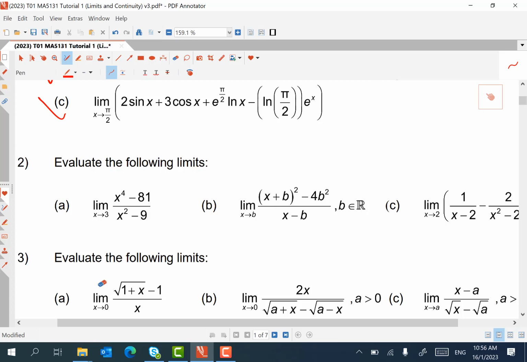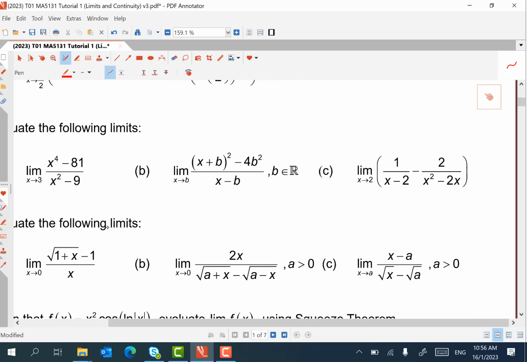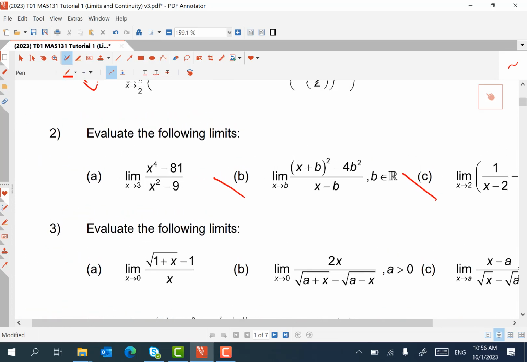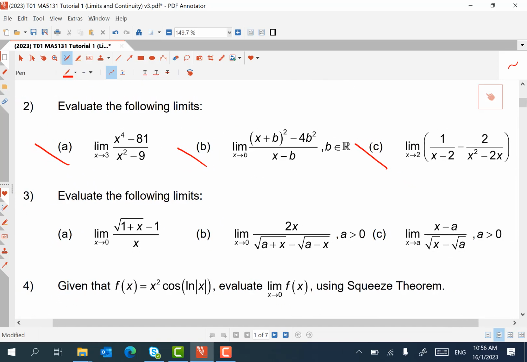Okay, Zoe. 2B, have you tried? Okay, how do you do 2B? Right, just factorization. And then for C also, you just tidy things up, it will work like that. So 2ABC is like a giveaway, and I'm sure 504 does not need to go through 2ABC. No, you find it, you can manage it.